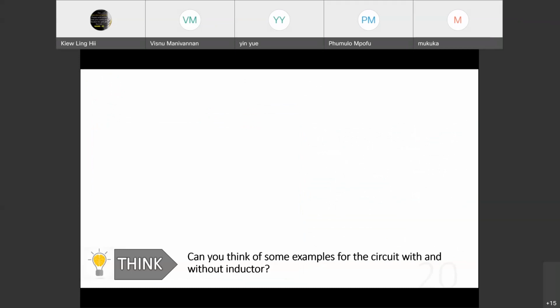From the information that we have, let's write down here.